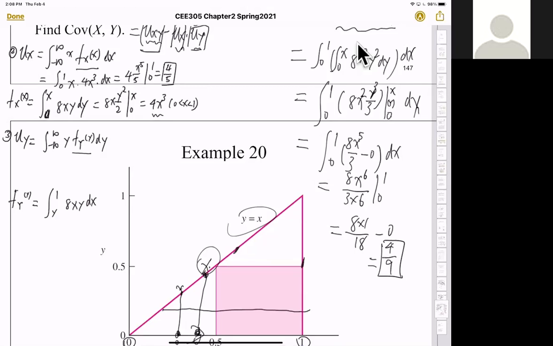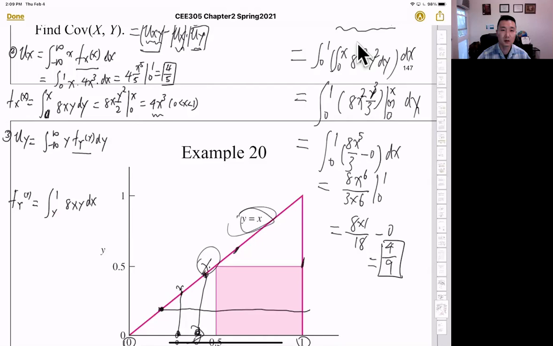So the range will be from this point, which is x equal to y, because this is the line of y equal to x. So this is y to 1 here. Okay, so that's why the range is between y to 1.